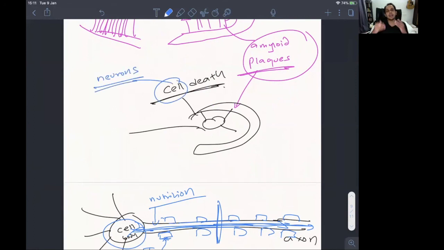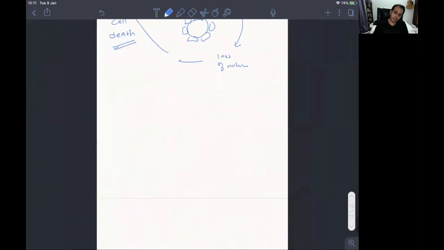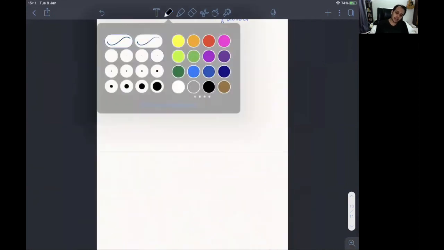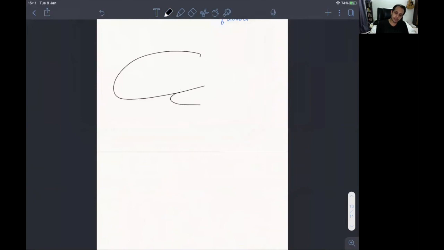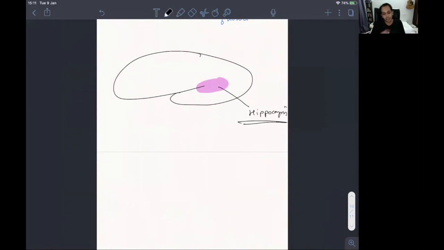And as more and more neurons die, slowly your cognitive functions start getting affected because they need those neurons to function. The area in the brain where this cell death starts in Alzheimer's is called the hippocampus. Whoever has attended the memory lecture will remember the anatomy of the hippocampus.